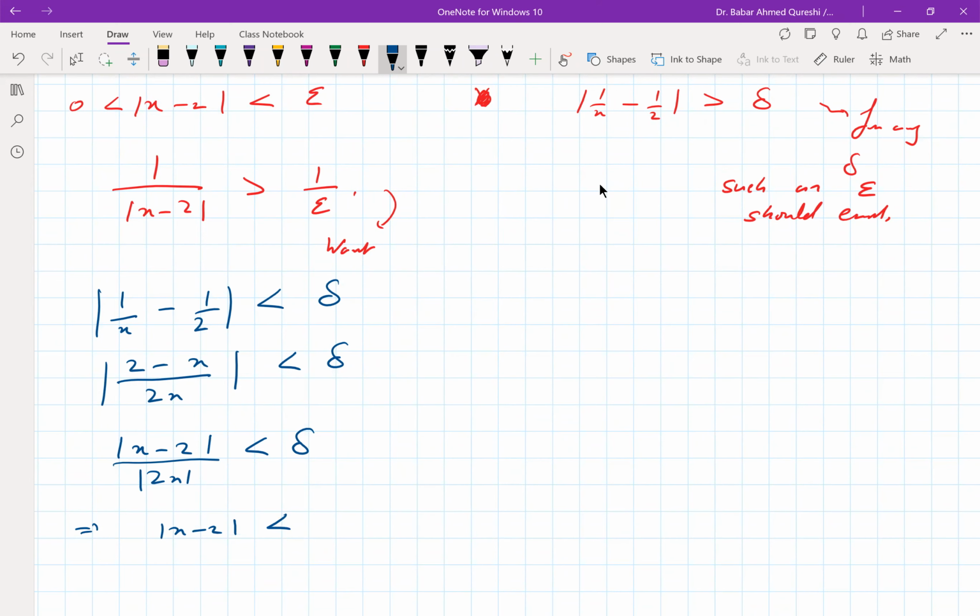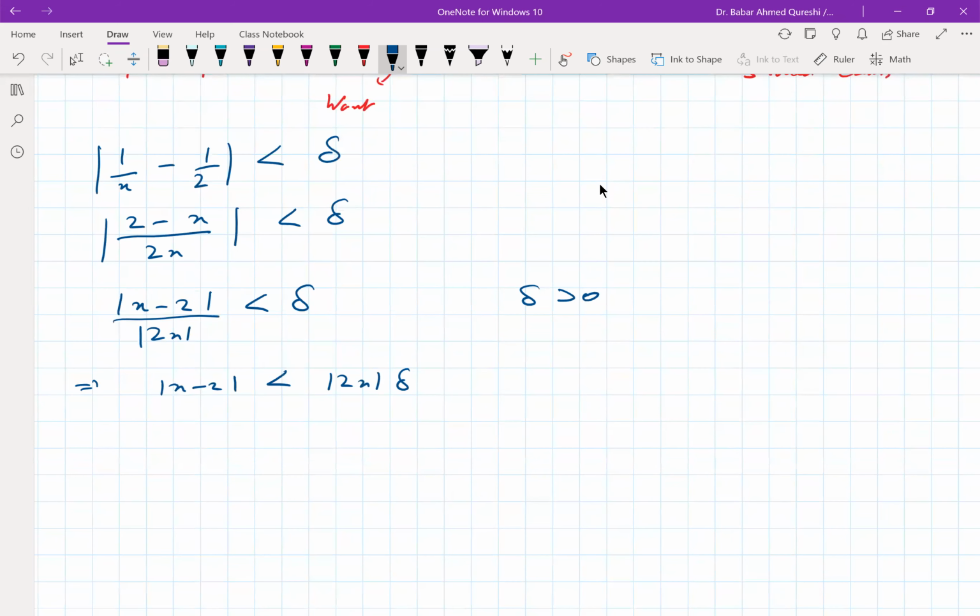So I want this kind of inequality. Delta in any case is bigger than 0. This breaks up. Now, if x is bigger than 1, I can remove it.